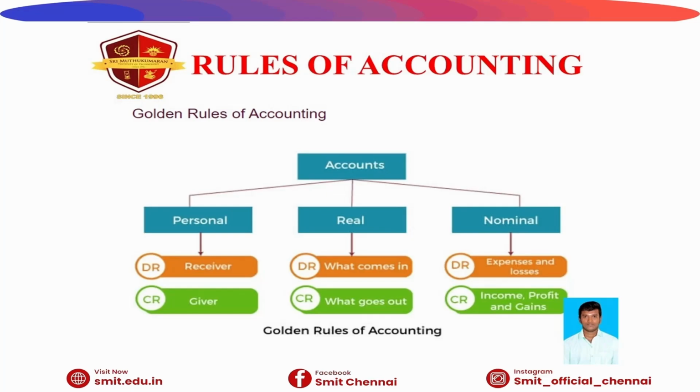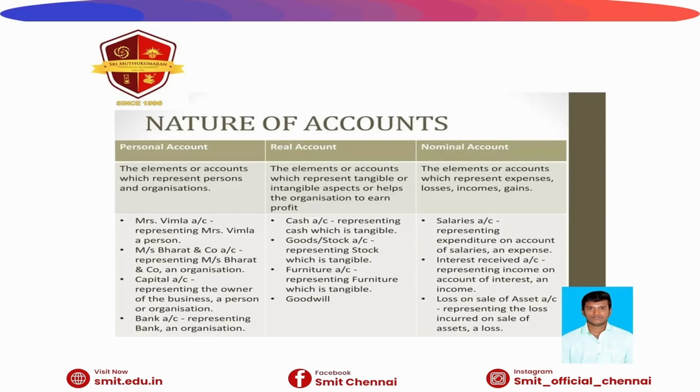For every one of these three types, we can see what expenses and what income you have to consider under the personal, the real, or the nominal. I have mentioned it here. Personal account means the elements or accounts which represent persons and organizations.